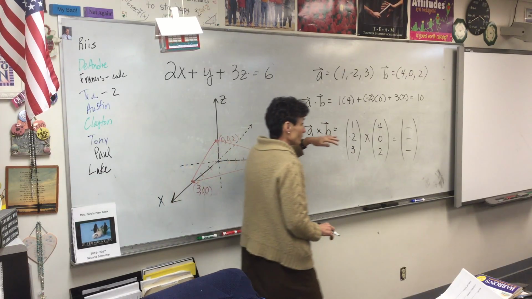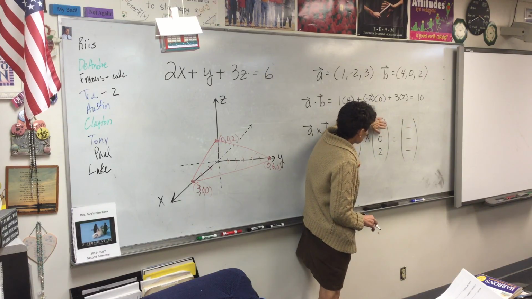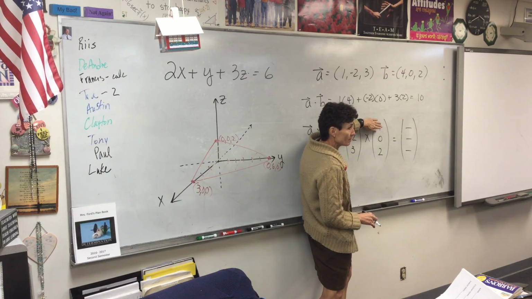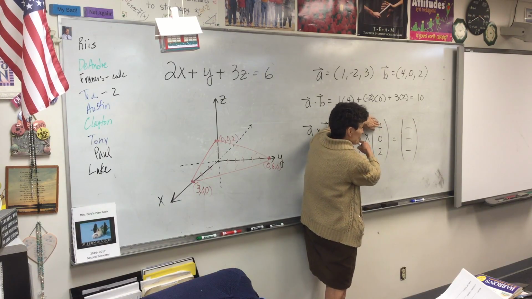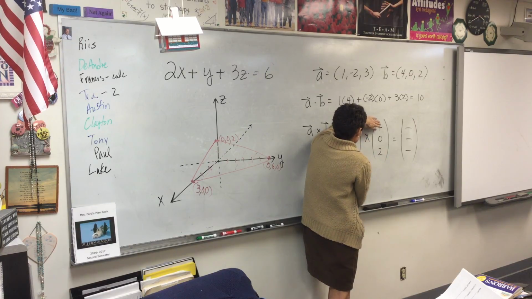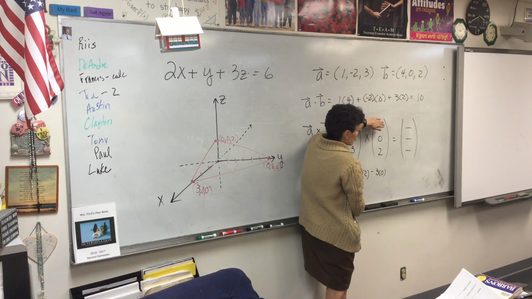All right, so here's what I want you to do. To find this top number right here, I want you to cover up the top numbers. Now I want you to do a little cross multiply stuff. I want you to take -2 times 2, minus 3 times 0, and subtract them.